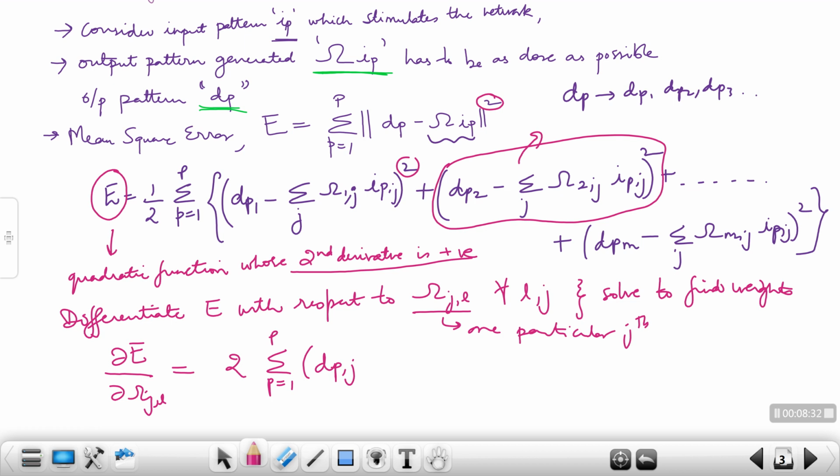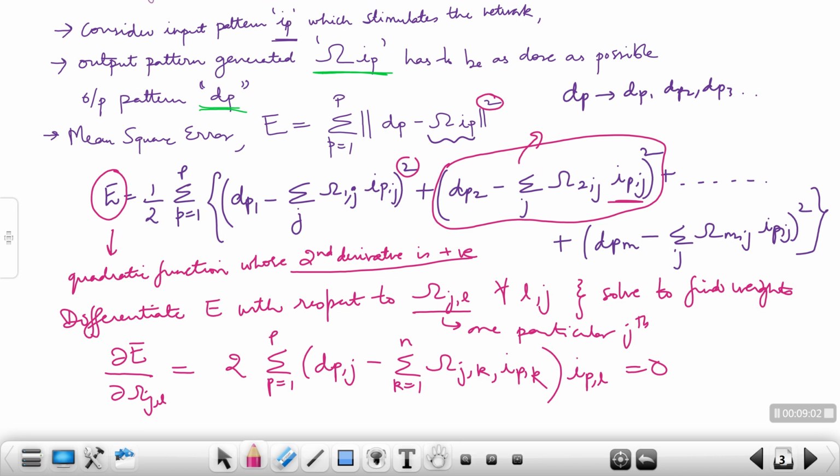So inside I will be getting dpj, minus summation, and here I have to use a different variable, summation of k equal to 1 to n omega jk I pk. So I would be getting this, and then whatever is there would be multiplied out as I pL. So we would be getting this equation.